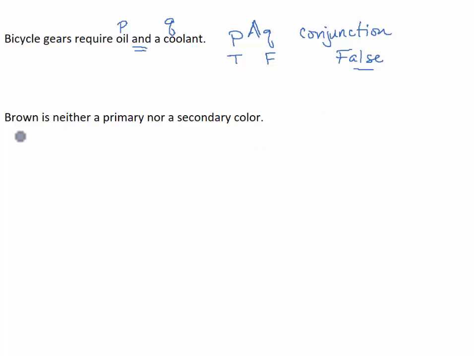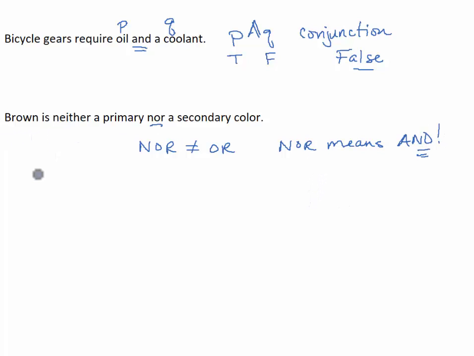Okay. Here's a weird one. Brown is neither a primary nor a secondary color. Well, we haven't talked about "nor" yet, but nor does not equal or. They're not the same. Nor means and.